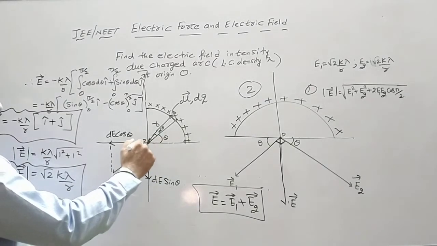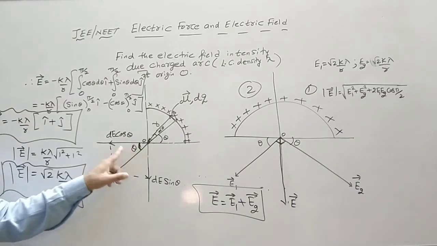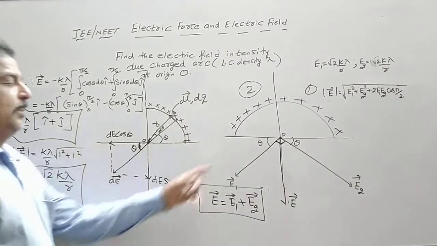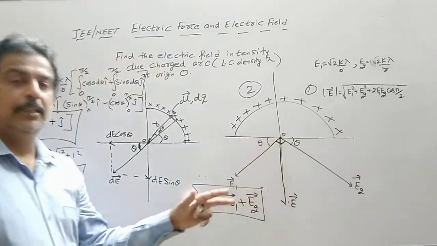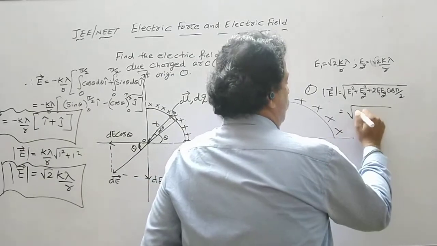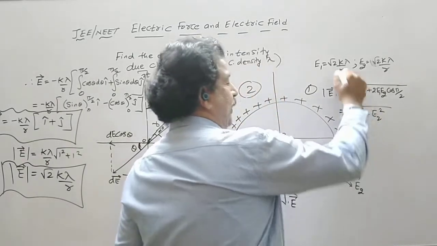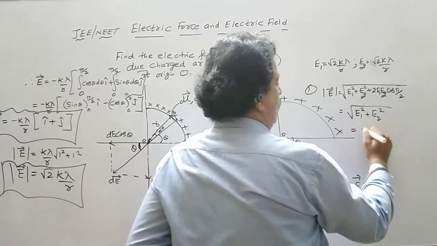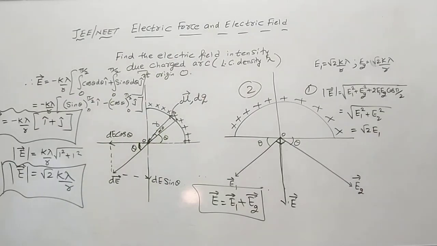When we find this angle, it comes out to be 45 degrees only. So this is 45, this is 45, so this angle should be equal to 90 by geometry. Now cos 90 is 0, so you are left with under root E1 square plus E2 square. Now the magnitude is the same, so this can be written as root 2 times either E1 or E2.